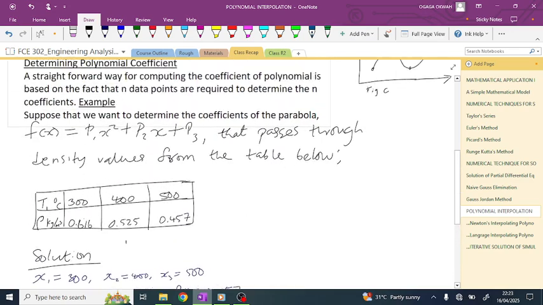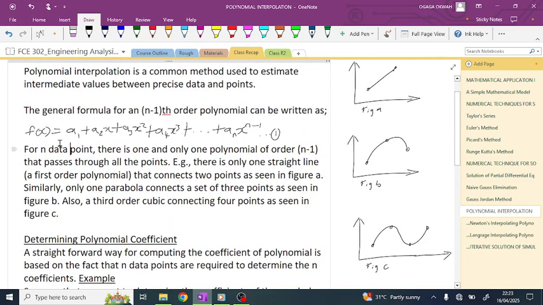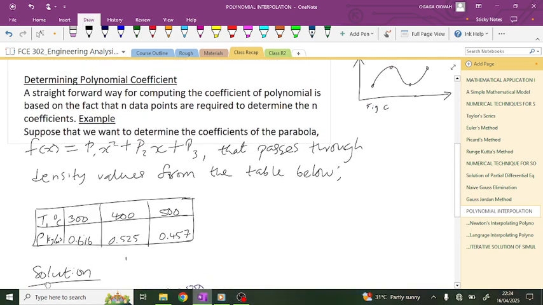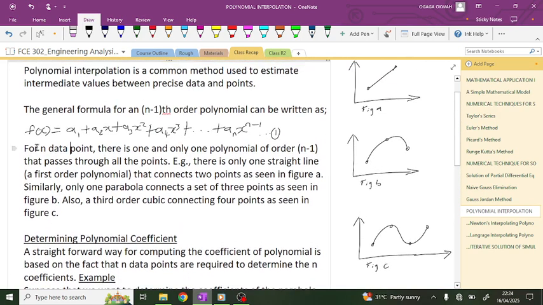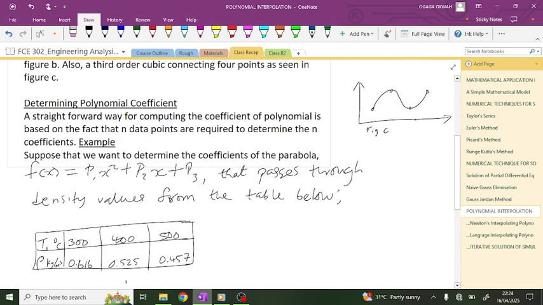Now recall that we gave this expression, the general form, f of x is this. Since we have 3 values, f of x1, x2, x3, we are going to have 3 different expressions, 1, 2 and 3.